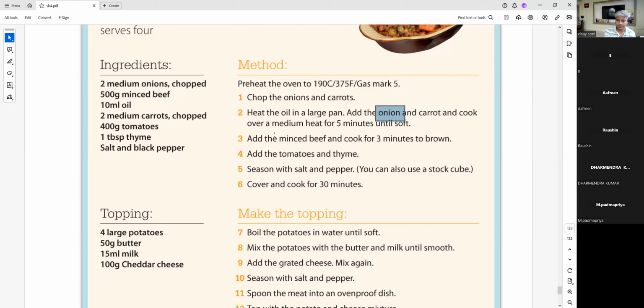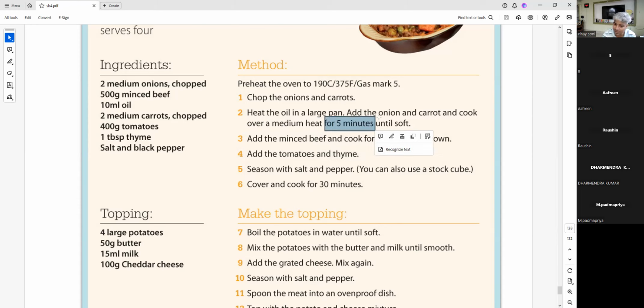Let's look at the next. Heat the oil in a large pan. Add the onion and carrot. Again, you have chopped the carrot now, so it is carrot. Add the onion and carrot and cook over a medium heat. Cook over a medium heat for 5 minutes.